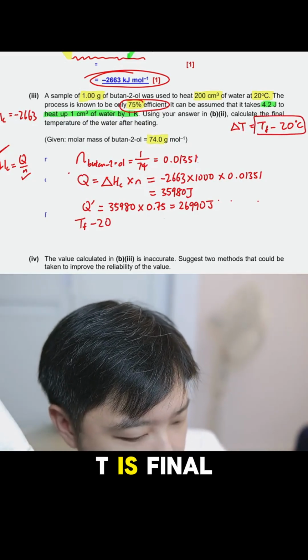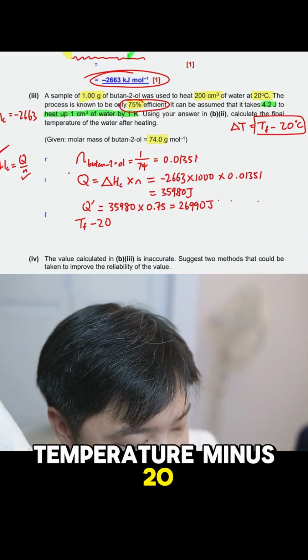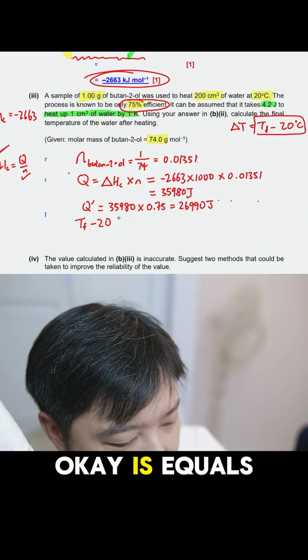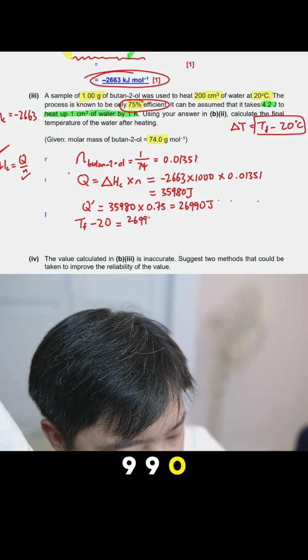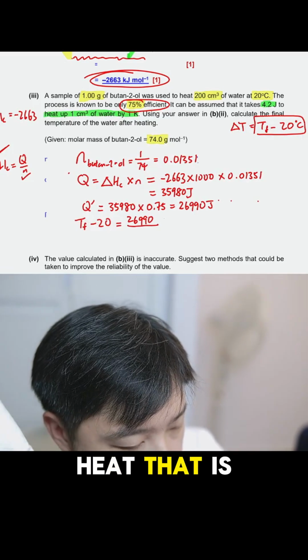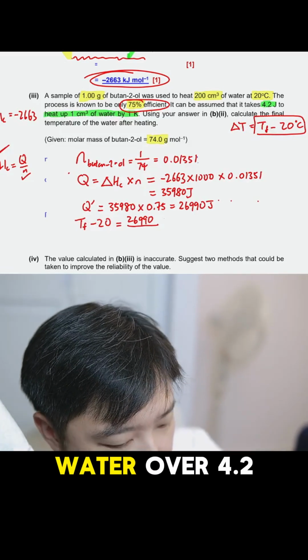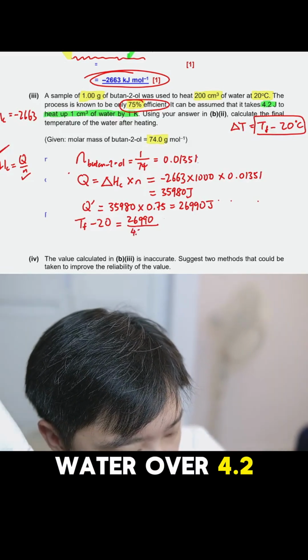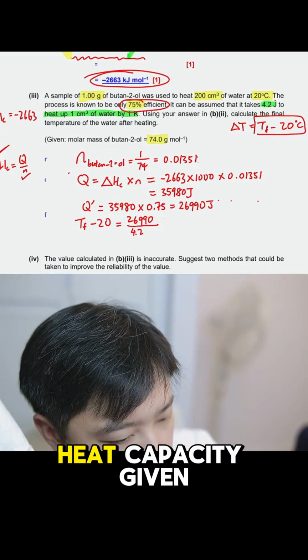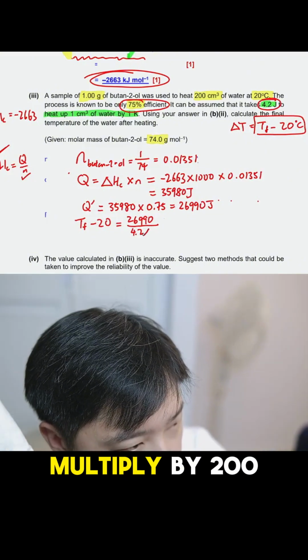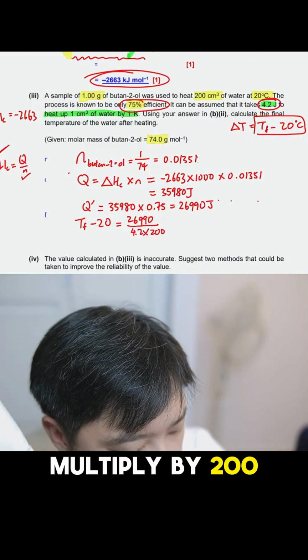Delta T is final temperature minus 20 degrees, which is equal to 26990, the heat absorbed by the water, over 4.2, the heat capacity given by the question, multiplied by 200.